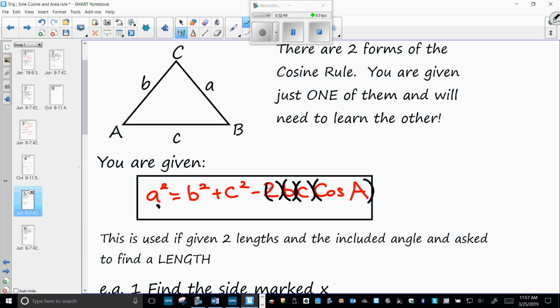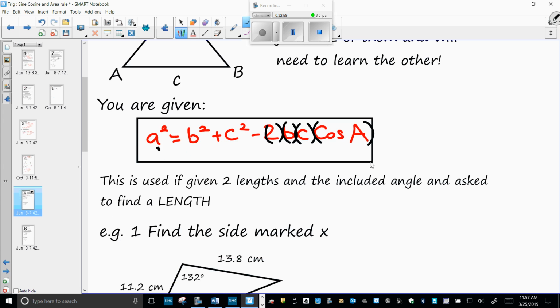If you're trying to find length a, which angle is involved in this rule? Angle A. And where is angle A situated? If I'm trying to find length a, how would I know which one is angle A?